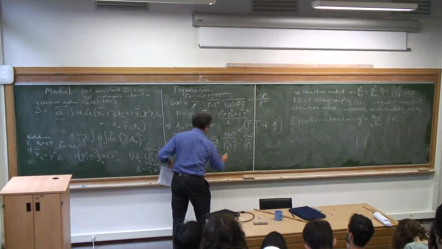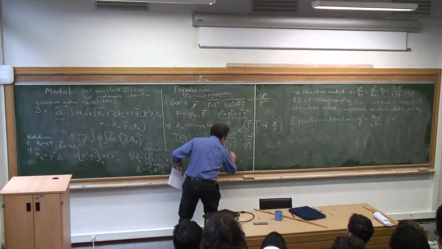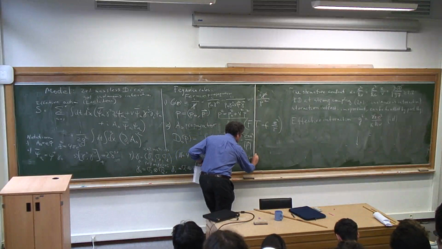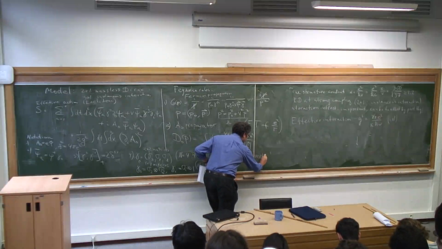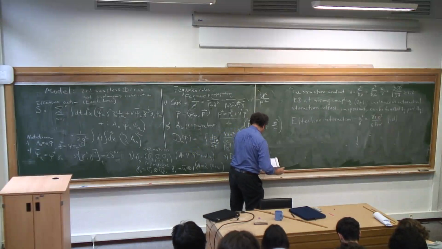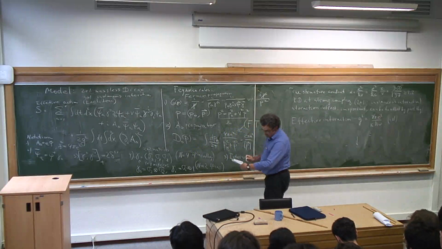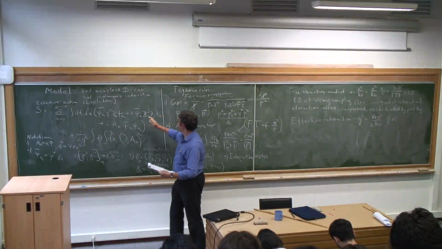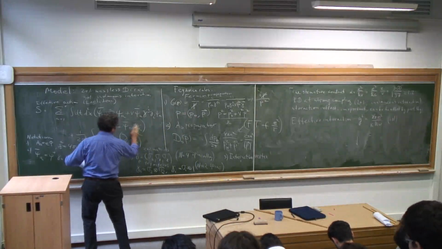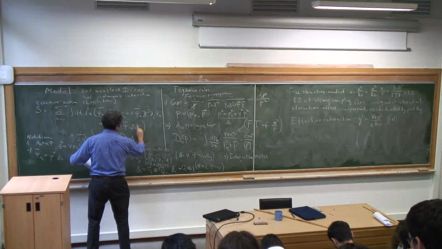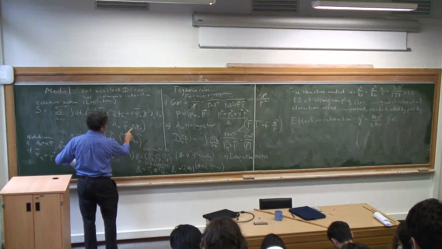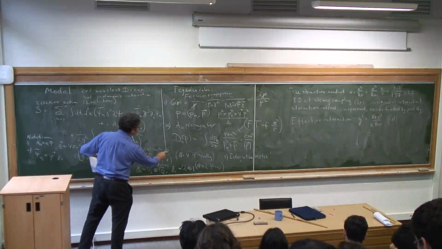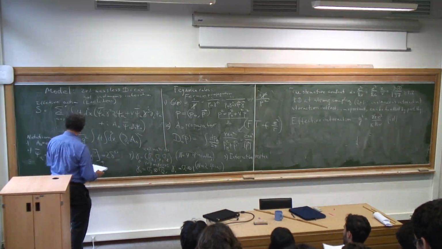Finally, the interaction vertex, sorry, I forgot a factor of one out here. The interaction vertex, gamma node, is arising from this convention.